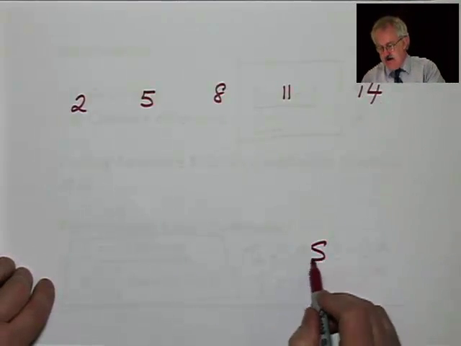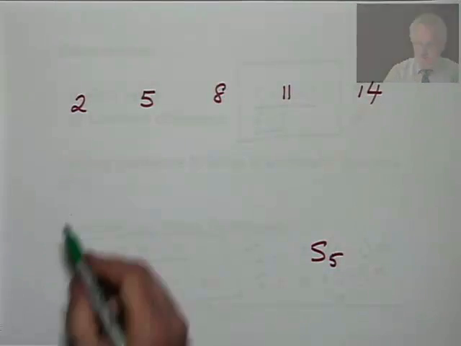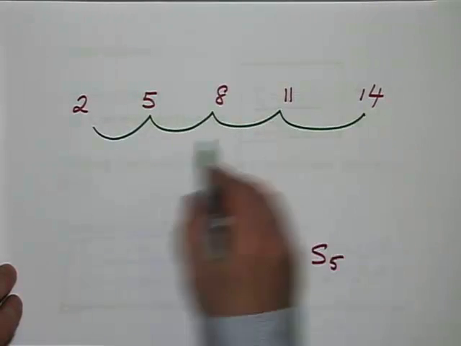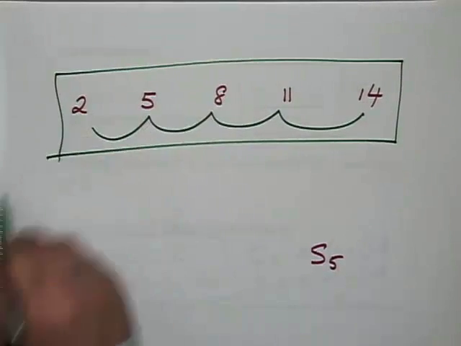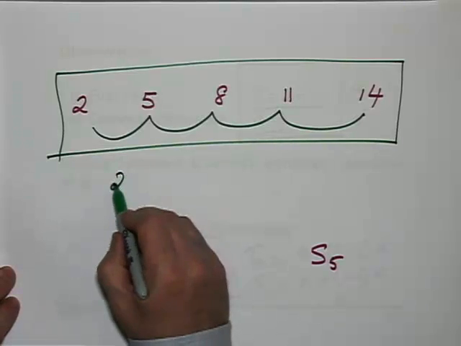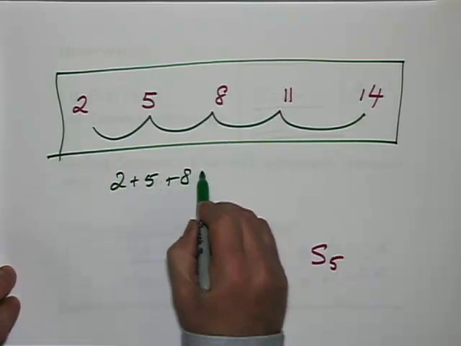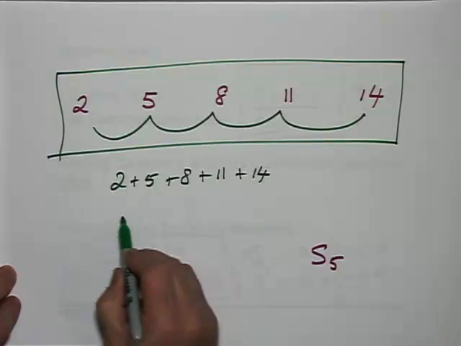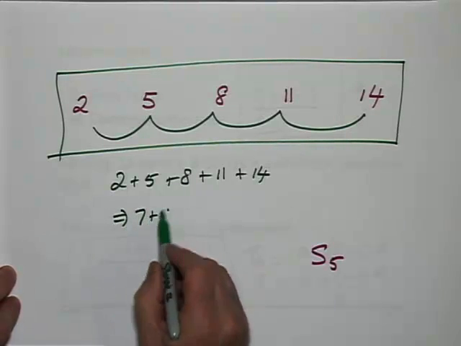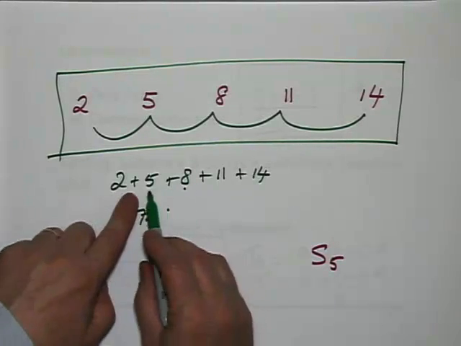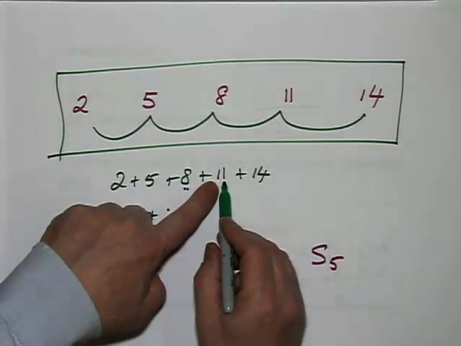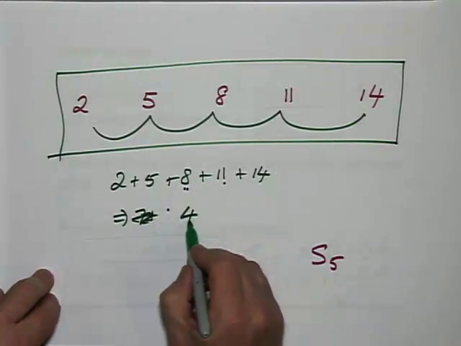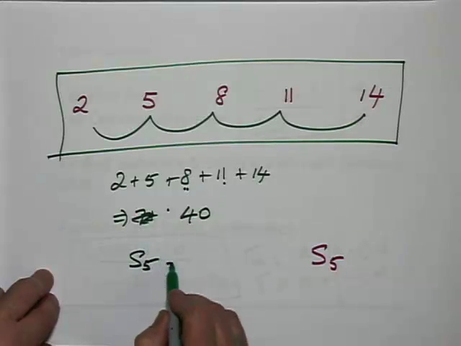Let's say I went for S5. S5 is all of the first 5 added together. So 2 plus 5 plus 8 plus 11 plus 14. That's 7, plus 8 is 15, plus 11 is 26, that's 40. So S5 is 40.